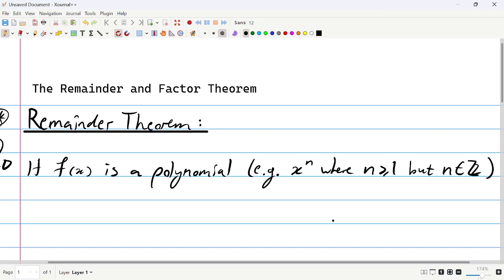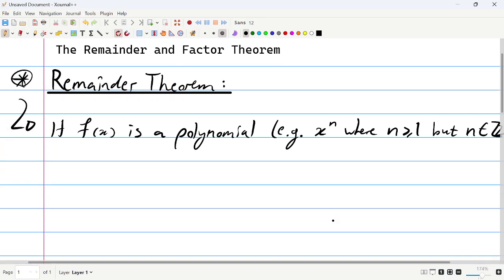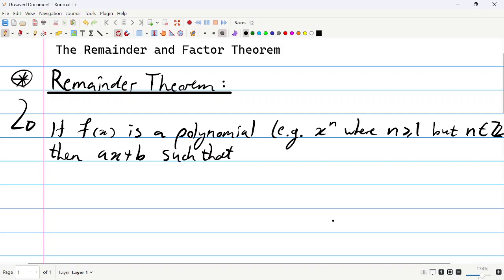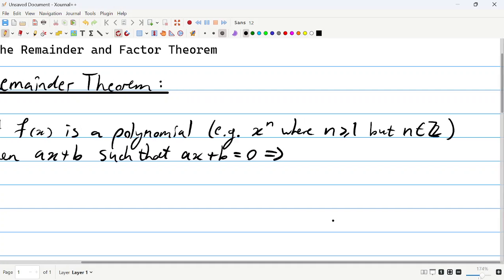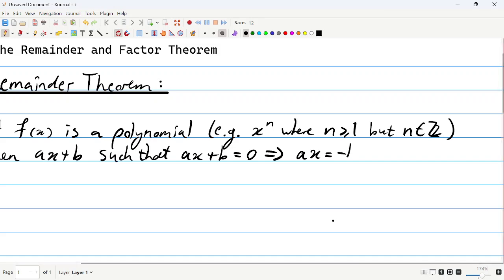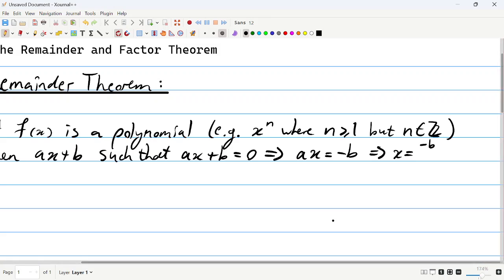So if f of x is a polynomial, then what we are going to consider is the following. Then ax plus b will be a root, such that ax plus b is equal to 0, which implies that we solve for x: ax equals negative b, and therefore x is equal to, when we divide both sides by a, negative b over a.